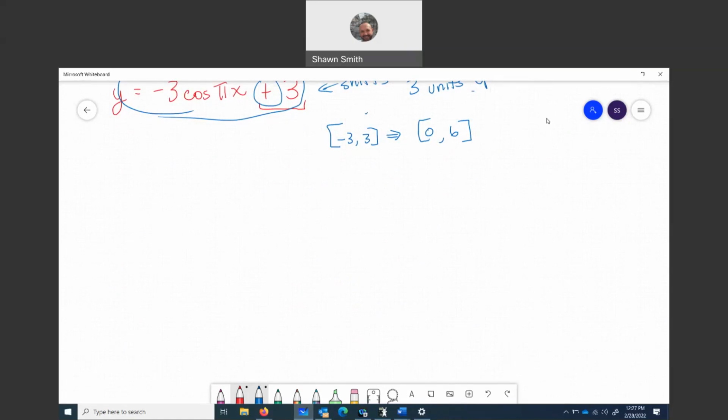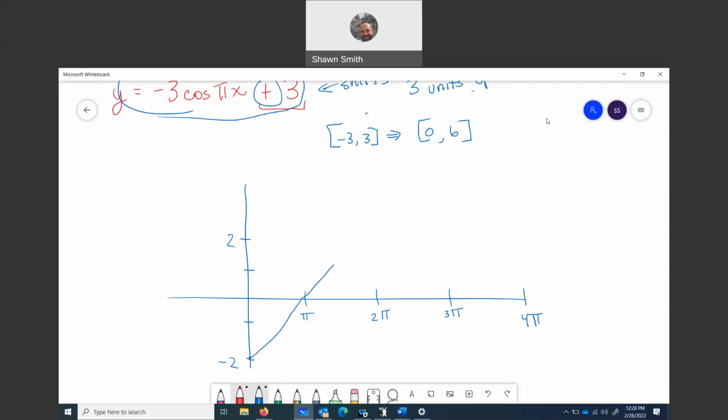If I give you, let's say, this graph, all right, just from the graph is easy to tell where the amplitude and period is, right?